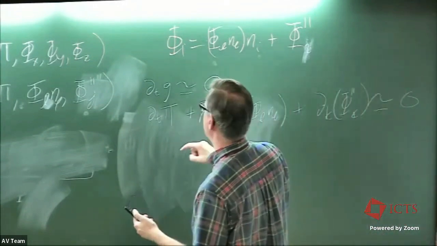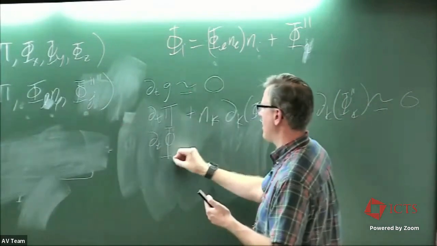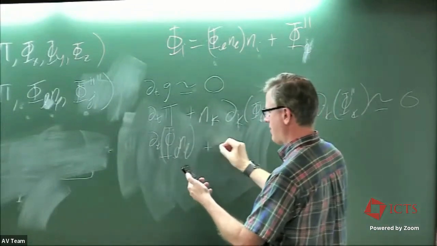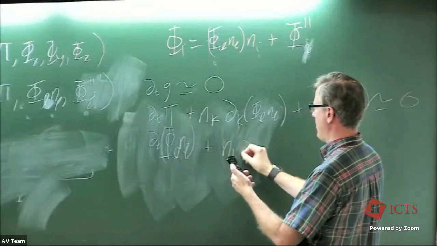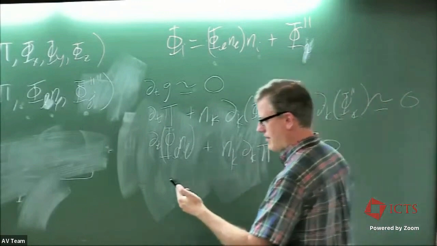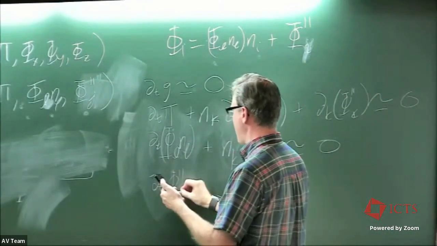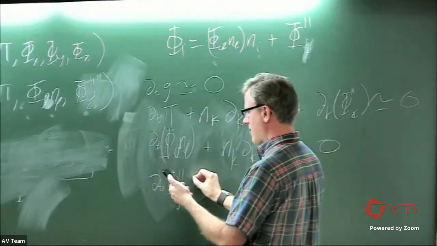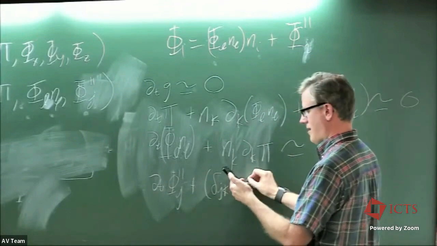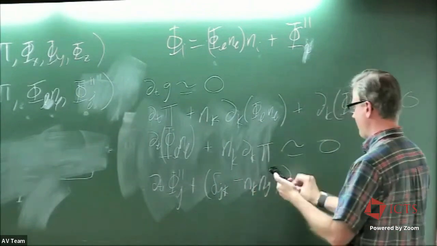And then you'll have an equation for the normal part, partial t of phi L n L, and that ends up just being plus nk grad k pi. And then the last one is partial t phi parallel j, and that ends up being plus delta jk minus nk n j partial k pi.